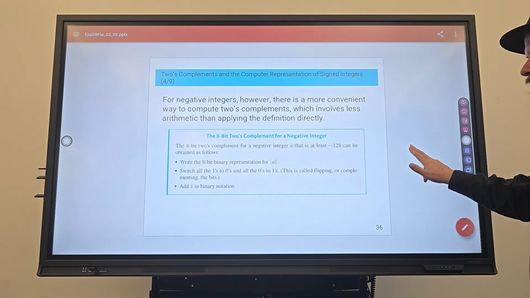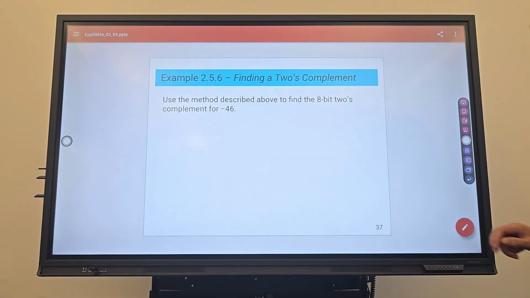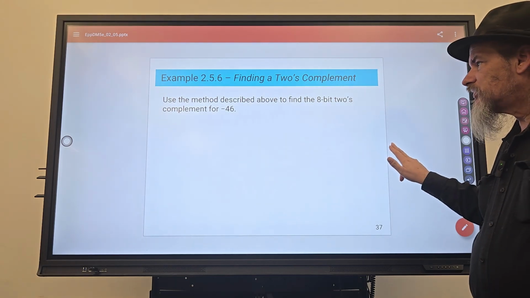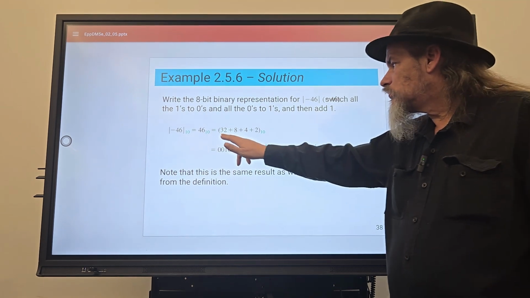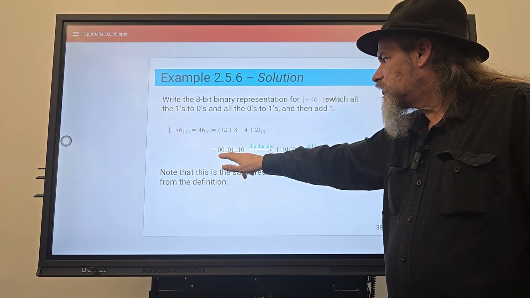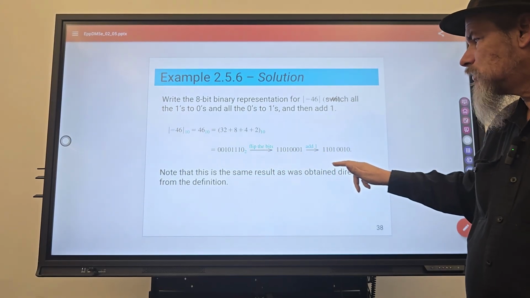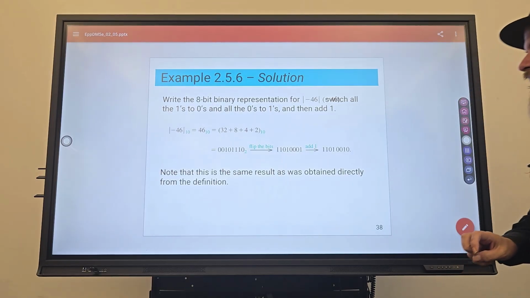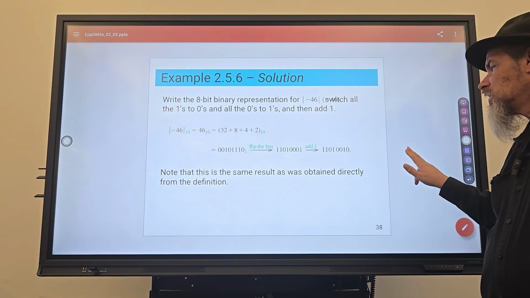So in binary, 46 is going to be this number here. Flip the bits, add 1, and then it is the same result as was obtained from the definition.